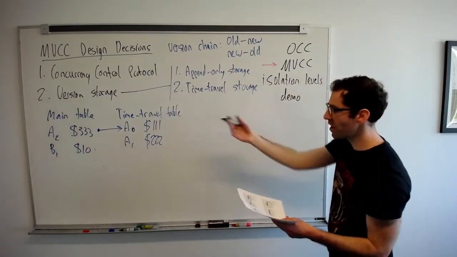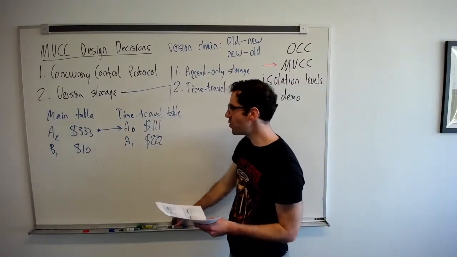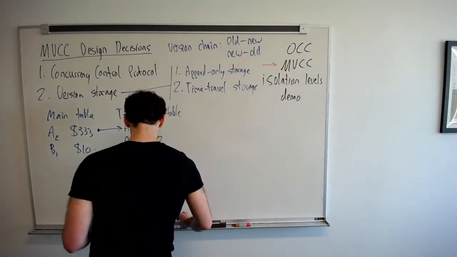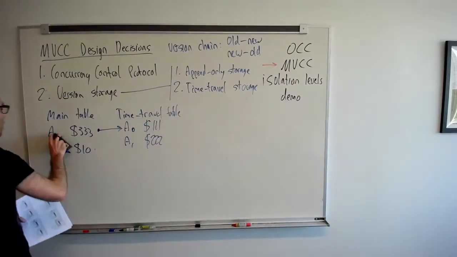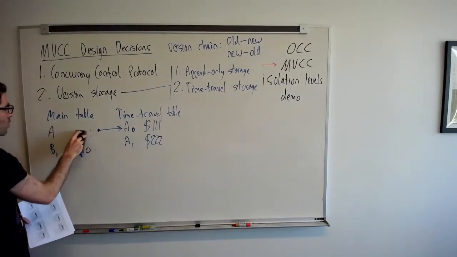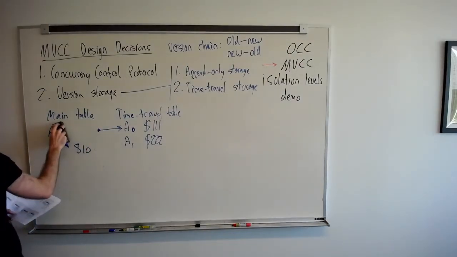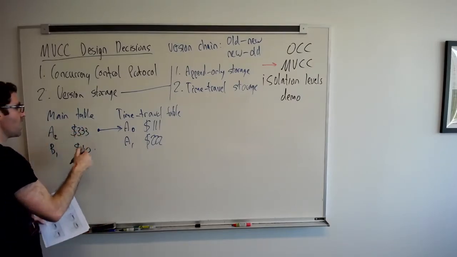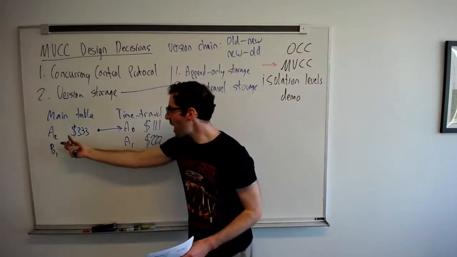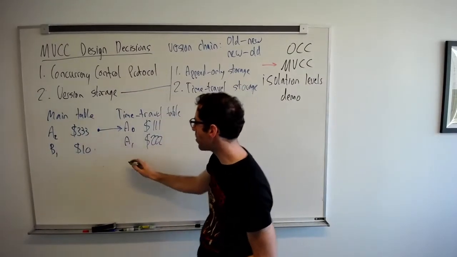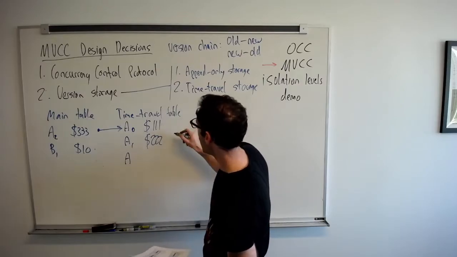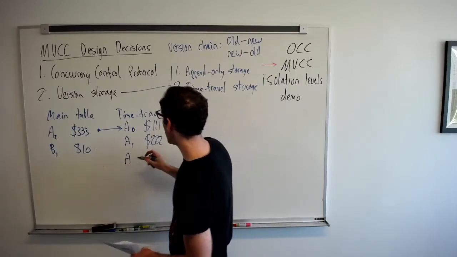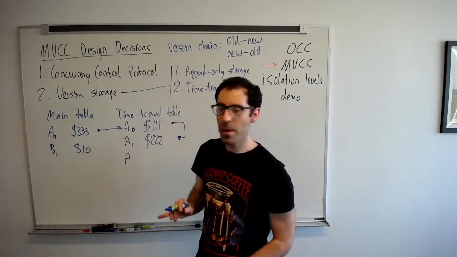And then let's say we update A2 to A3. The first thing to do would be to take the entry in the main table and put it in our time travel table, which, by the way, would still have the pointers that we saw with the append-only storage.